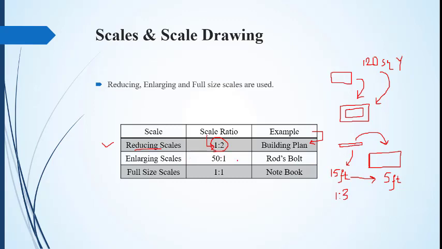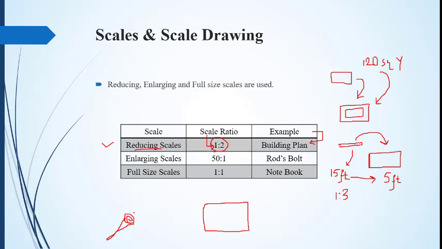Enlarging scale. What is enlarging scale? For example, we have a sheet and here we have any screw or any other material or any other part of an instrument that we want to construct or draw on the drawing sheet.